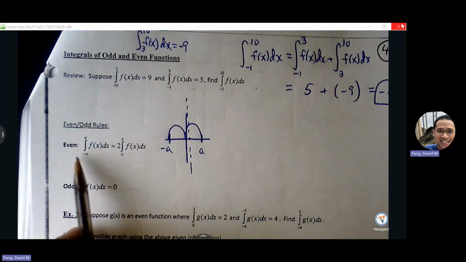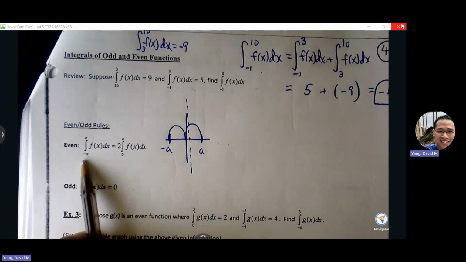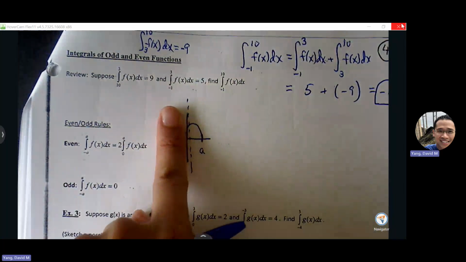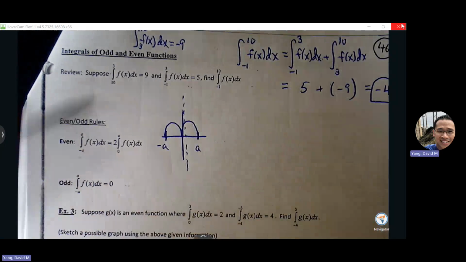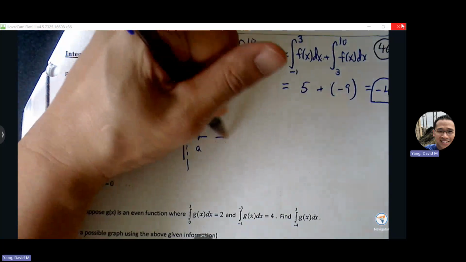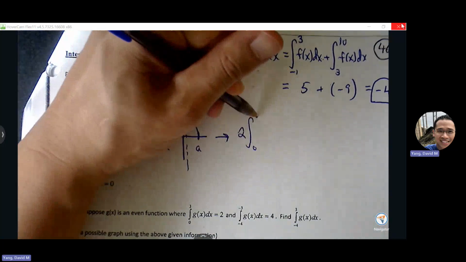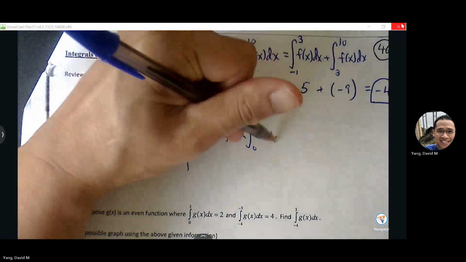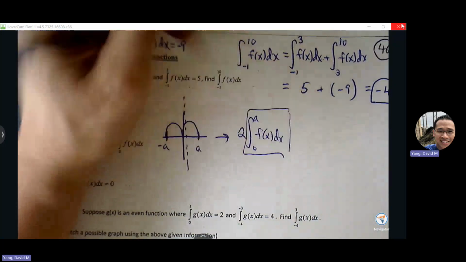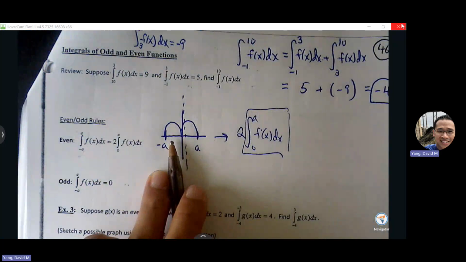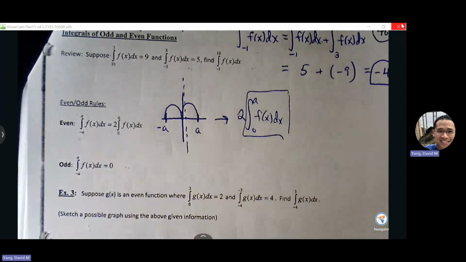So we know that the region from -a to a would be the same as if I were to just take one side of it and then double it. So this will be the same thing as taking just the integral from 0 to a and then just doubling it, because we know that the other side will be the exact same region. Okay, so basically, with even functions, you're going to create a mirror image on both sides of the y-axis.